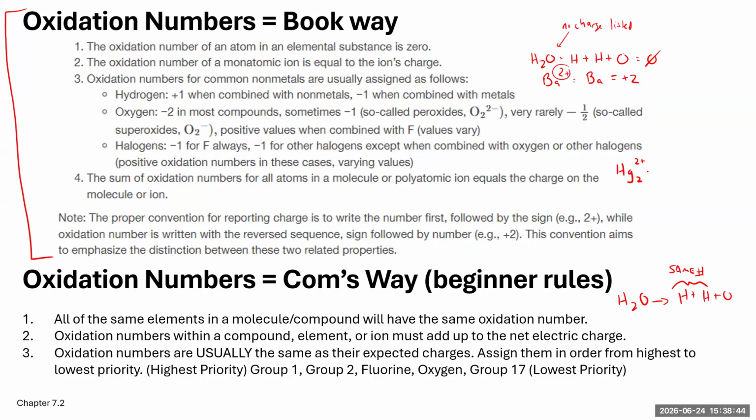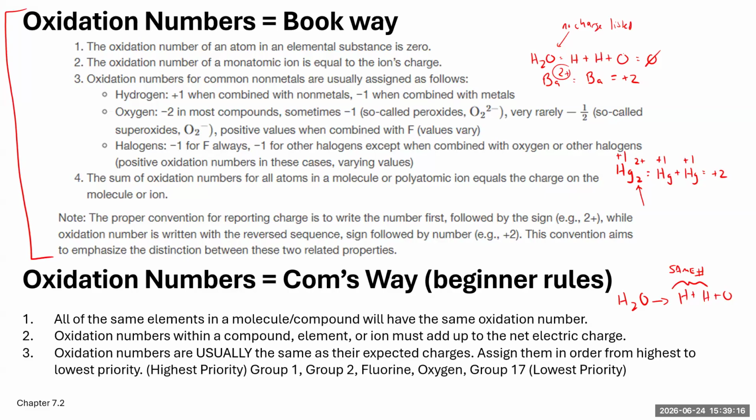Let's take a look. These two mercuries have to add up to 2 plus. So I'm going to say mercury plus mercury equals +2. Now, what two numbers add up to +2? Well, +1 and +1. So the oxidation number of mercury is going to be +1.